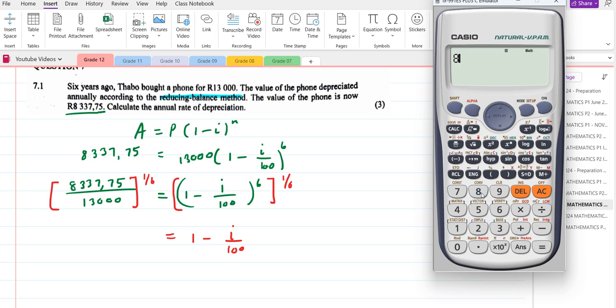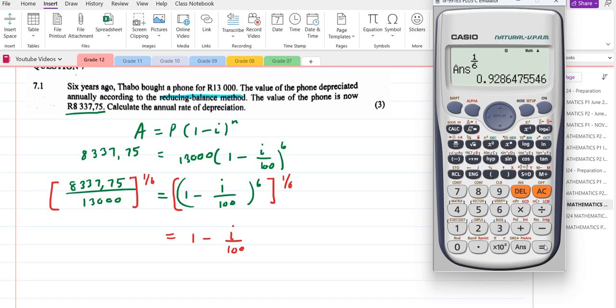So 8,337.75 divided by 13,000 and then to the power 1 over 6.